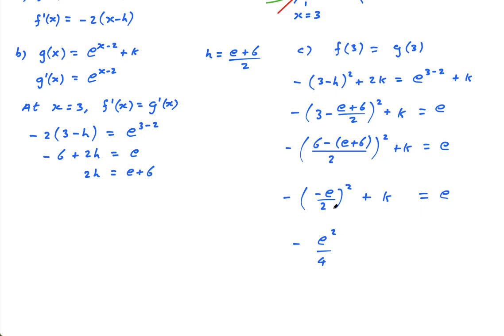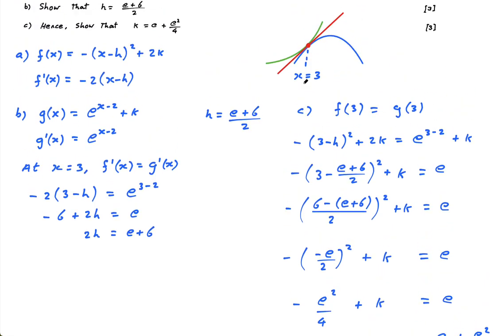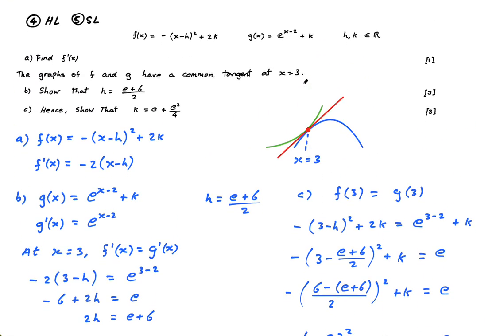Minus times minus is plus, and 2 times 2 is 4, plus k equals e. So k equals e plus e squared over 4, which is what they wanted, QED, which means I have shown what was asked. Okay, that's that question.